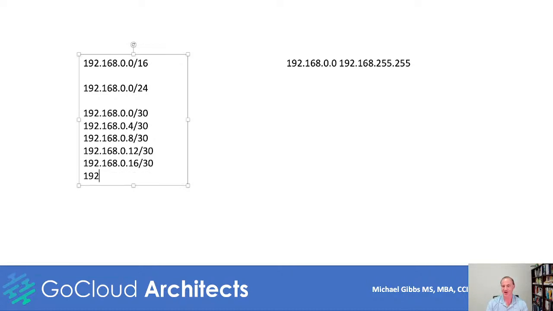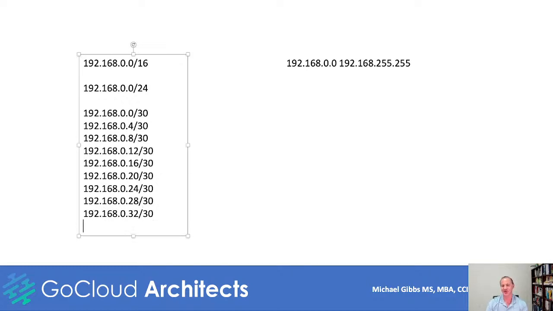Does anybody see the pattern here? Anybody know why this miraculously is going up by 4 every time? I'm sure you see this pattern by now. 192.168.0.32/30. So this is how one single /24 would break down.